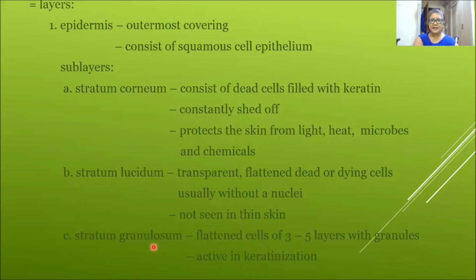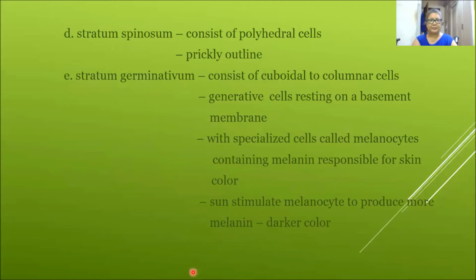Then the third layer is the stratum granulosum. There are about 3 to 5 layers of cells in the stratum granulosum, and the cells have granules. That's what accounts for its name. And this is the cell layer which is active in keratinization. So keratins are formed in this layer.